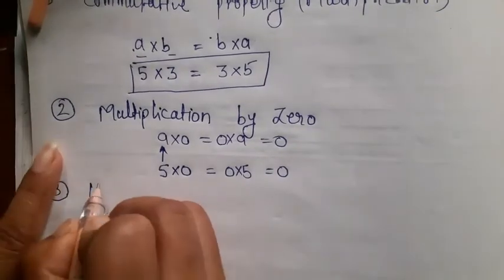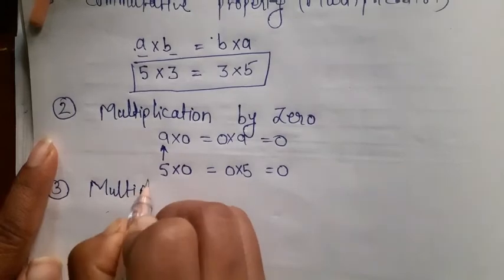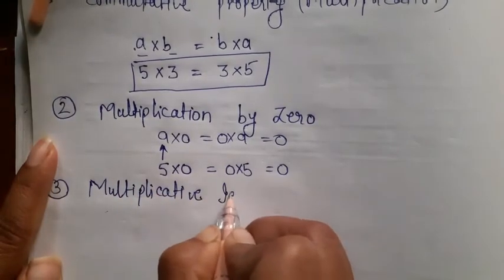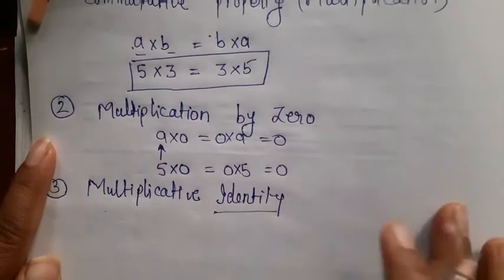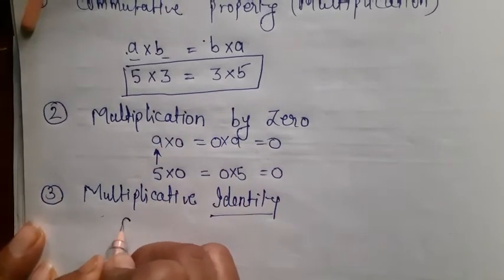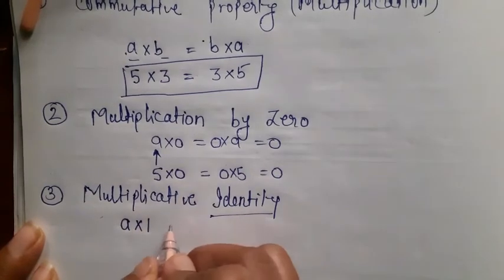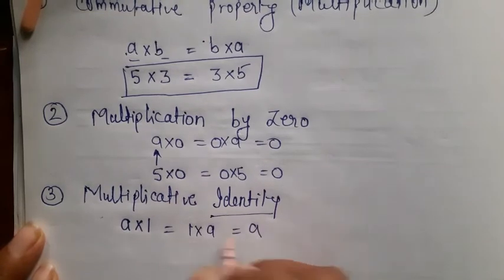Next is the multiplicative identity. Here you have to multiply any integer by 1. That means a multiplied by 1, so we get 1 into a, or a.